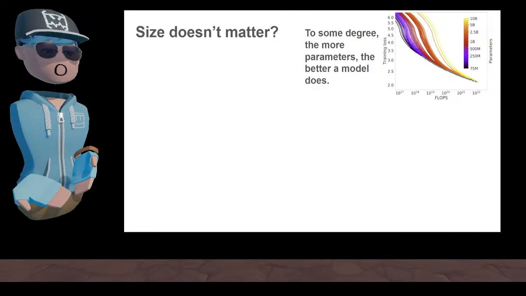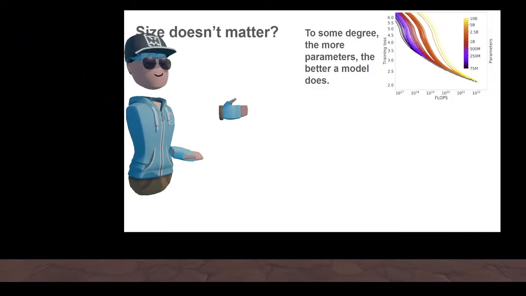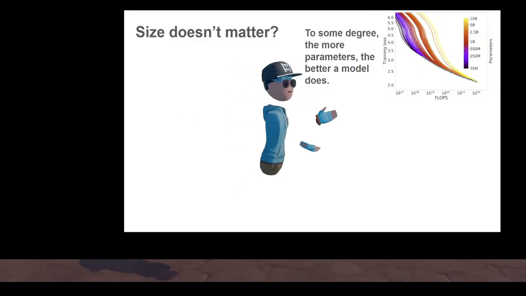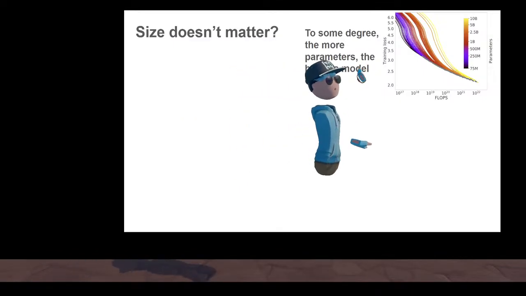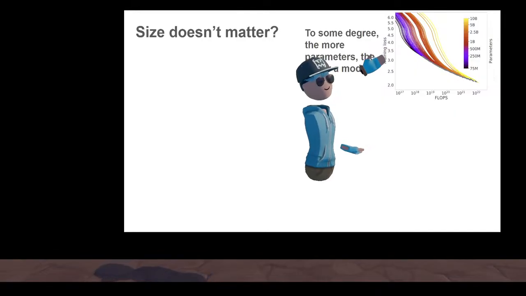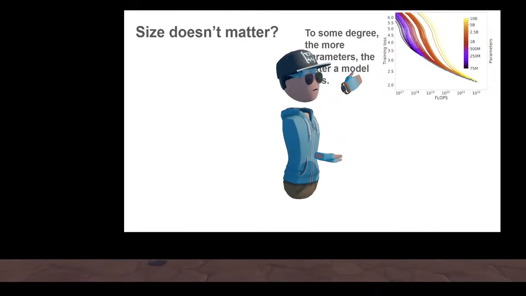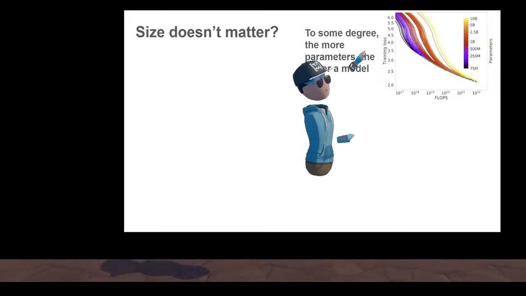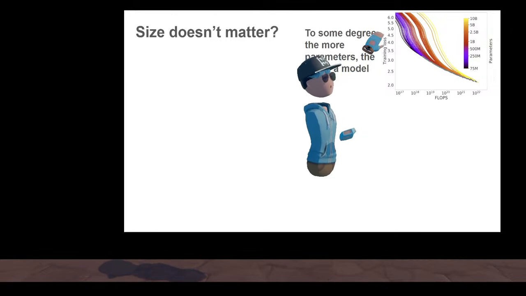It's going to be hard for me to physically point things out. Let me try it. Basically, the more purple you get, the more parameters there are. Is that right? No, sorry. The more yellow means the more parameters.